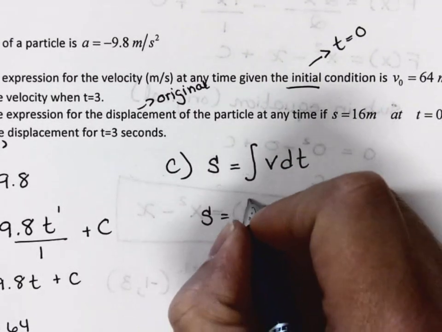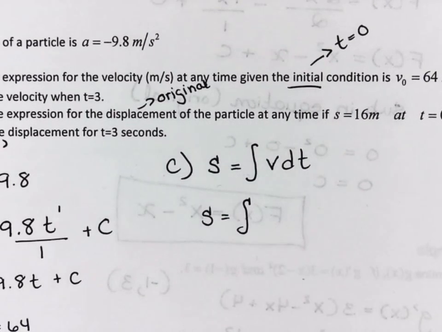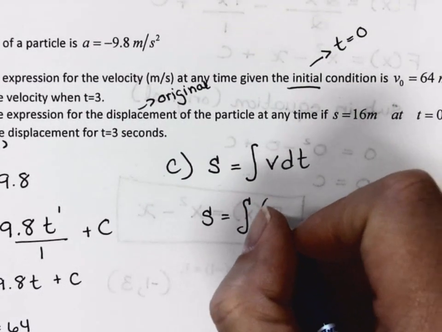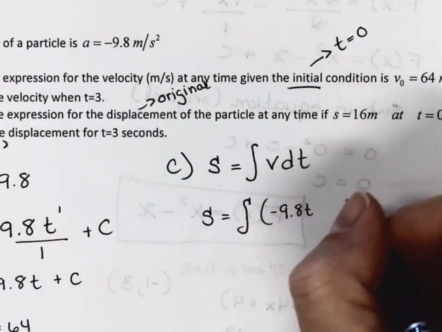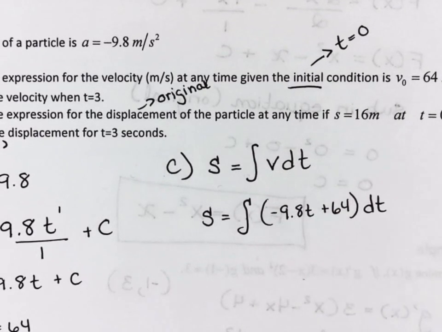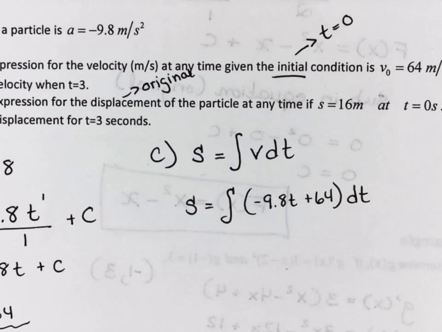And so the integral tells me that I'm solving for something. I'm not putting lower limits or upper limits on it. We know velocity is negative 9.8 t plus 64 dt, right? So all of this is telling me is to antiderive it. And that's what we've been doing.